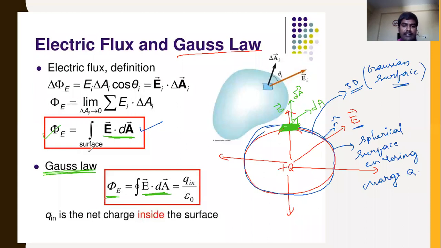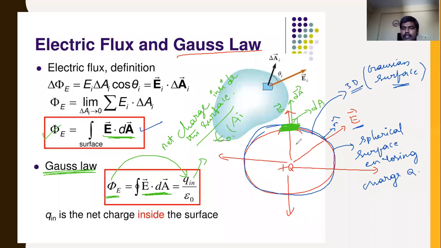Now what Gauss law tells is, the total flux through this surface is equal to the charge inside, and remember, this is the net charge inside the surface, divided by epsilon naught if it is an air medium. If it is another medium, then you will have epsilon, the permittivity of that particular medium. Epsilon naught if you are considering air.